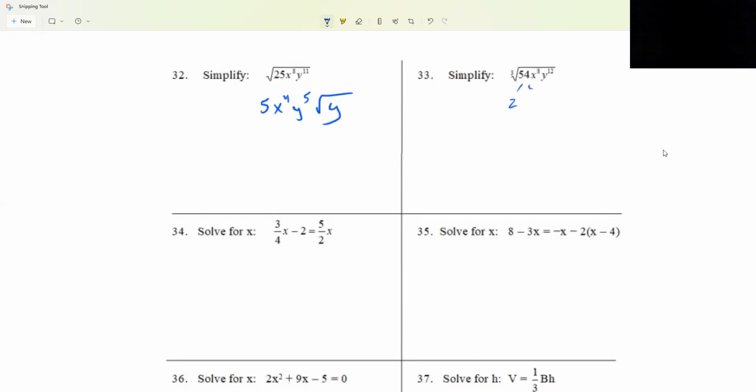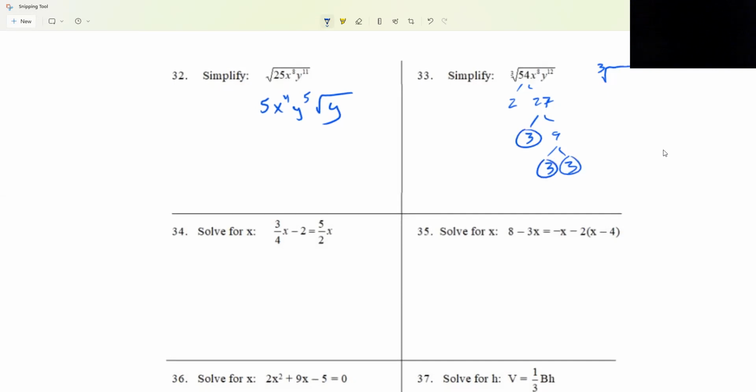54 is going to be 2 and 27. 3 and 9. 3 and 3. So I'm looking for triples. The easy thing to do is you can do it like I did before and put all those underneath the radical. But I'm looking for 3. So I got 1, 2, 3.